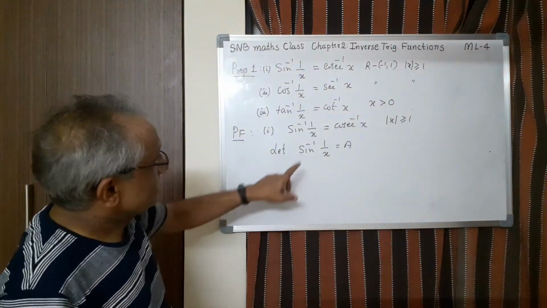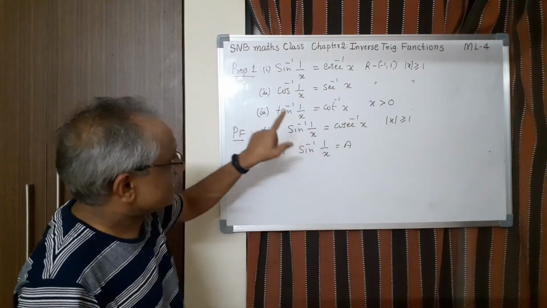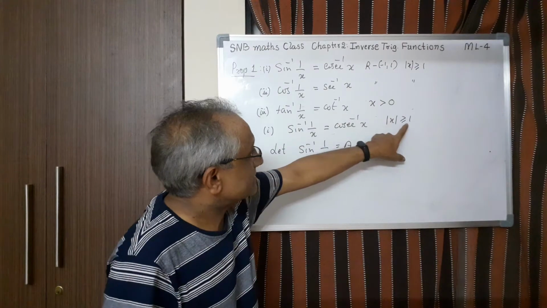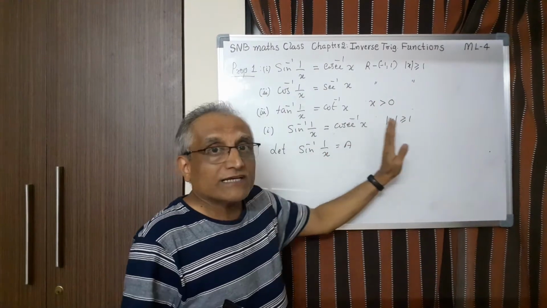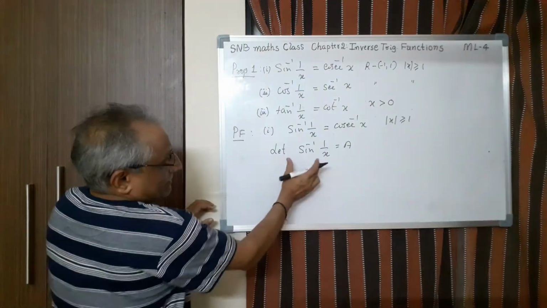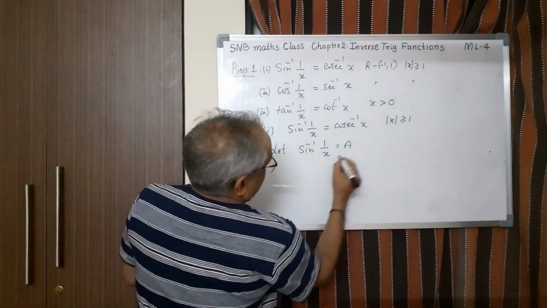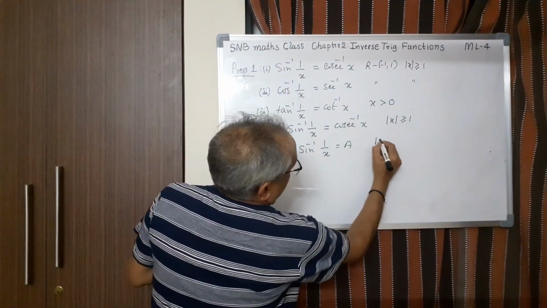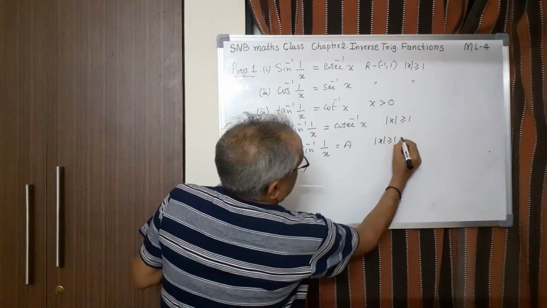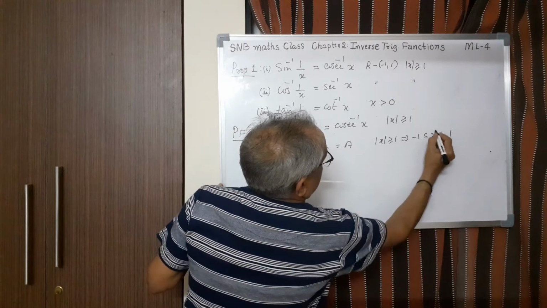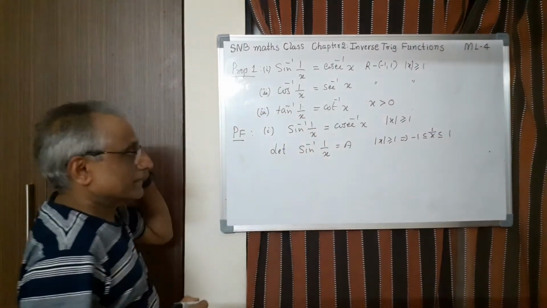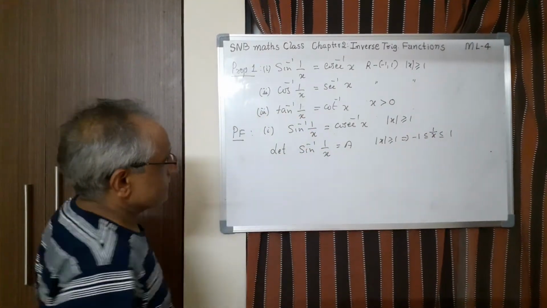And one more thing, is sin inverse of 1 by x defined? Yes, because when mod x is more than 1, 1 by x will definitely be between minus 1 to plus 1. So this is well defined. So mod x more than 1 implies minus 1 less than 1 by x less than 1. Therefore, definitely I can take this.